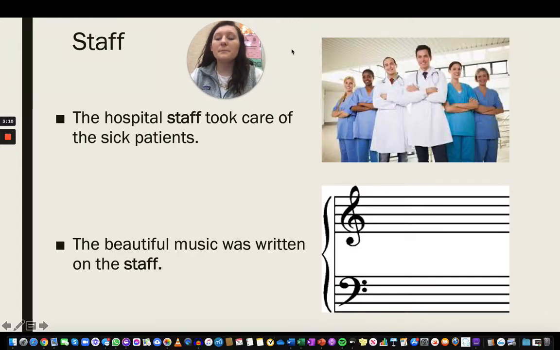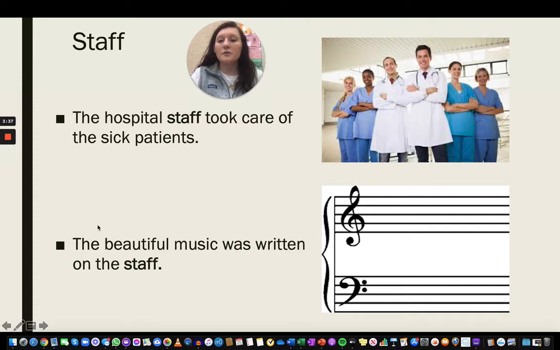All right, next up we have the word staff. An example would be, the hospital staff took care of the sick patients. Staff here means all the people who work in a hospital, like doctors, nurses, and the receptionists, the people who work at the front desk who take phone calls and check people in.